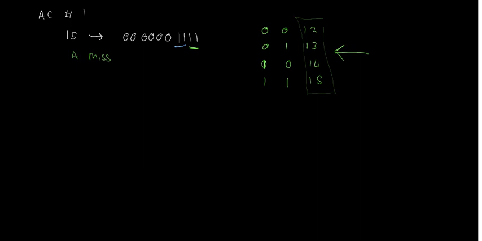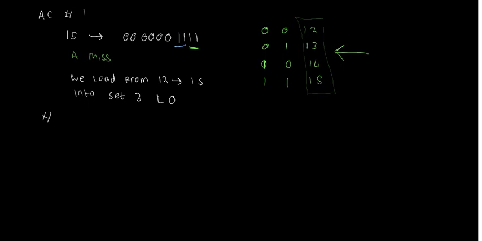So what we're going to conclude here is we load 12 to 15 into set number 3, line 0, because remember this cache has 2 lines per set. Then I'm going to move to access number 2.